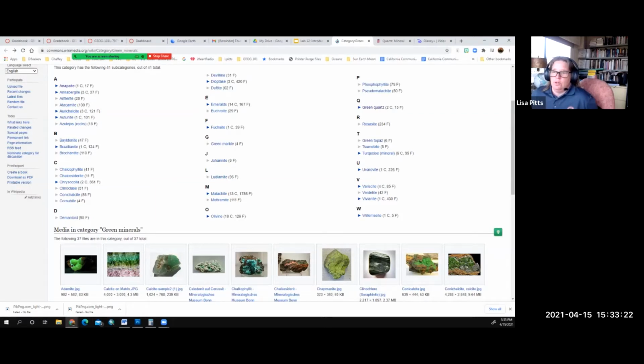I used to call this artichokeate, but it's aurichalcite. Then there's chalcophyllite, viridine, green topaz, olivine, I said that one already, and malachite.